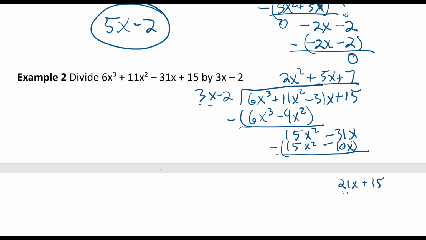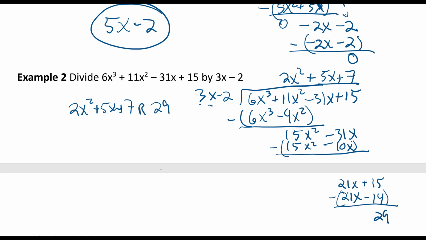That'd be 7, because 3x times 7 is 21x. And 7 times negative 2 is negative 14. And we're subtracting again. 21x minus 21x is nothing. 15 minus a negative 14 is 15 plus 14, or 29. So our result is 2x squared plus 5x plus 7 with a remainder of 29.